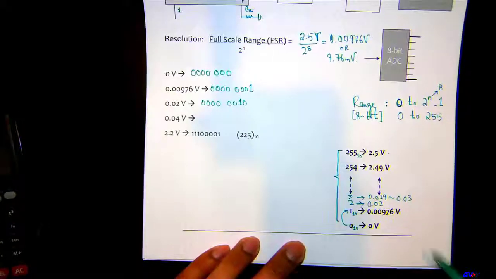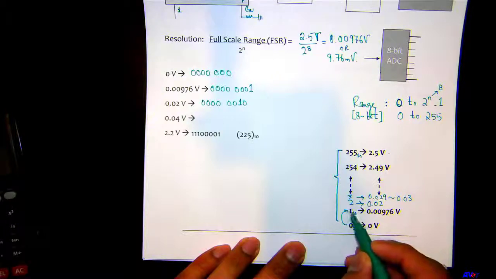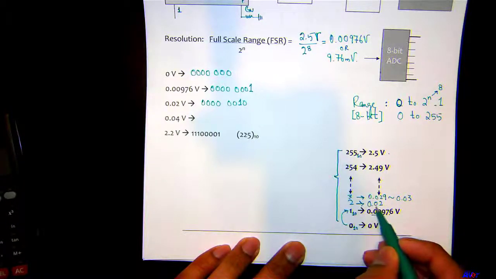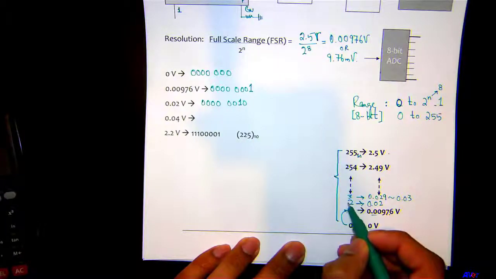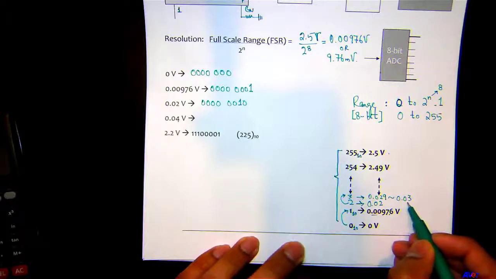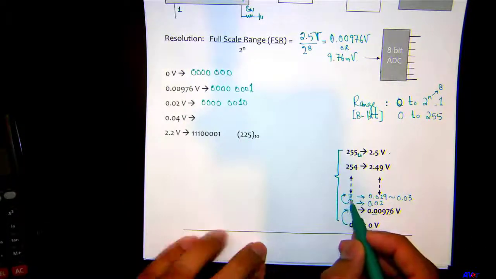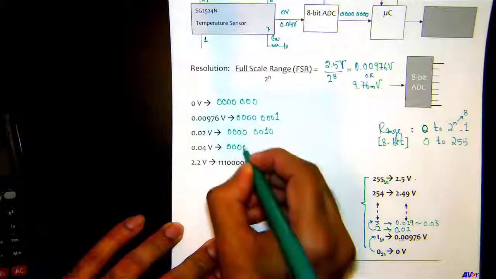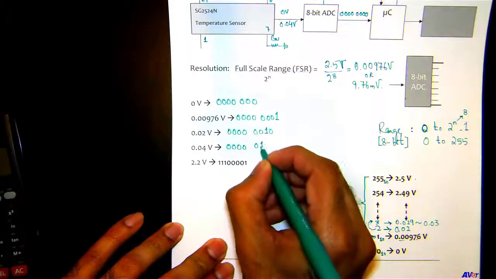So 2 would be 0.02. Moving from 1 to 2, I add 0.00976 to this number, so I get 0.02. And I move to another level, 3, so I add 0.02 plus 0.00976, I get 0.03. So at 0.04 volt, what 8-bit code is it going to generate? 4 zeros and then 0, 1, 0, 0.